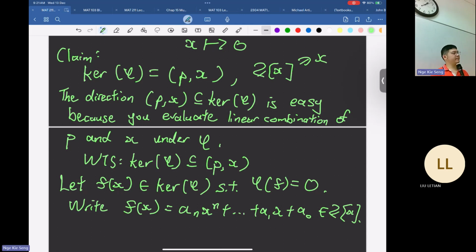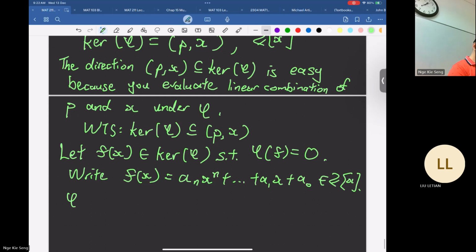What can we see from here? If I evaluate phi of this f, what do I get? I should get 0.